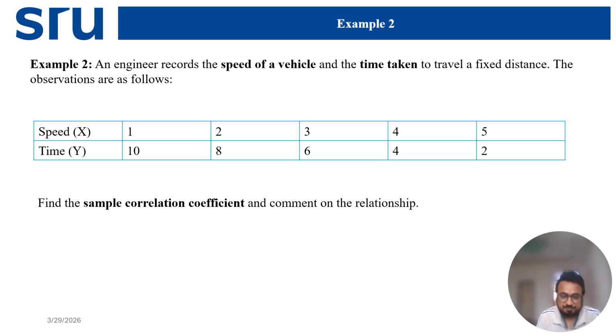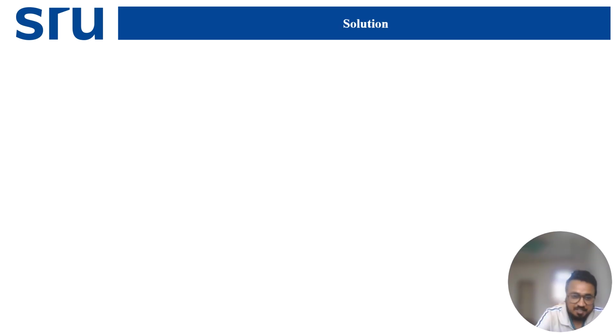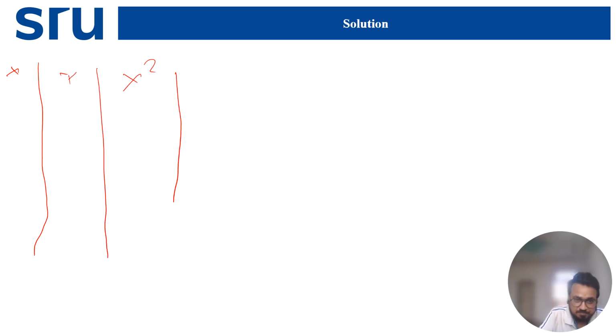Okay, so in a similar way I will make the table again. That will be: first x, then y, then x square, then y square, then x into y.